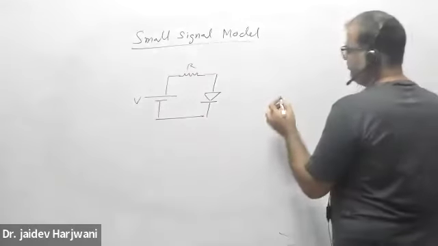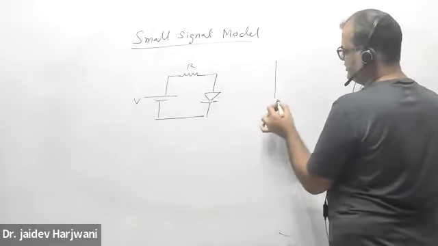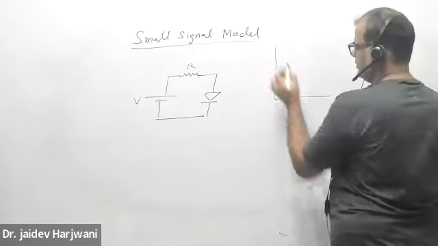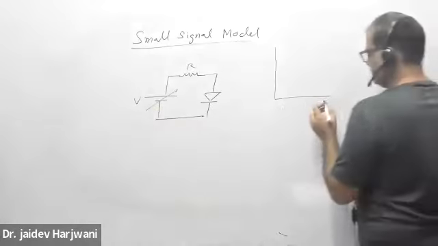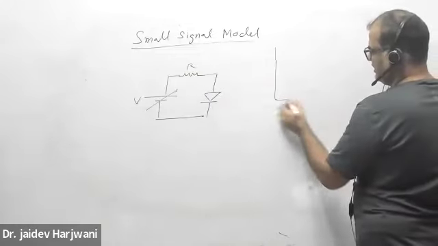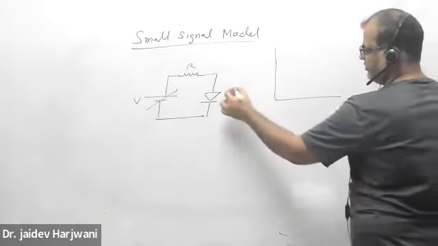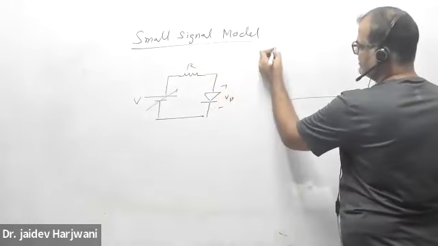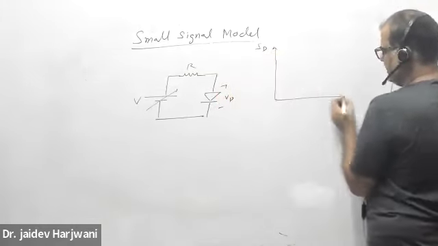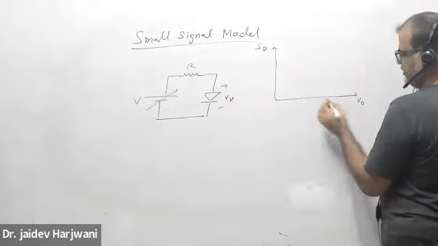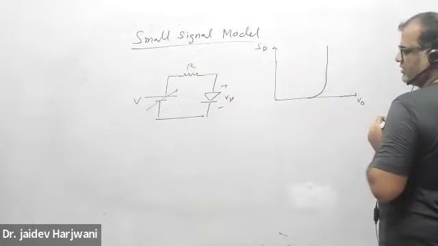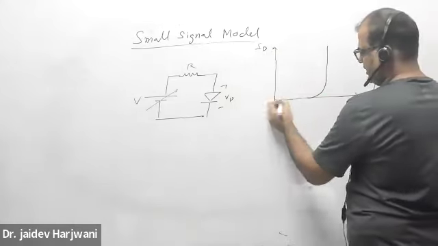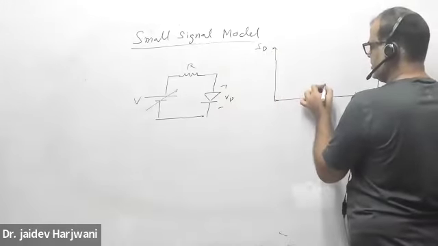Now, if I measure the IV characteristics of this diode, say you are changing the voltage also. If I draw VD versus ID, this is my ID and this is my VD. So this is my forward characteristics. This will be my curve. Exponentially current will increase.